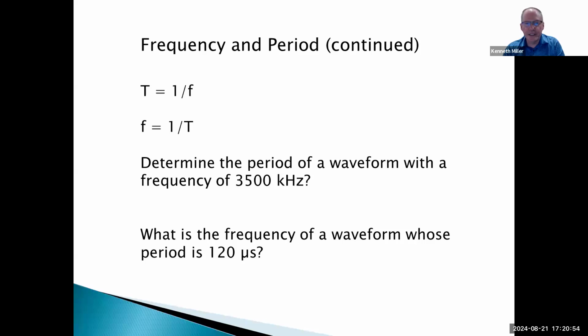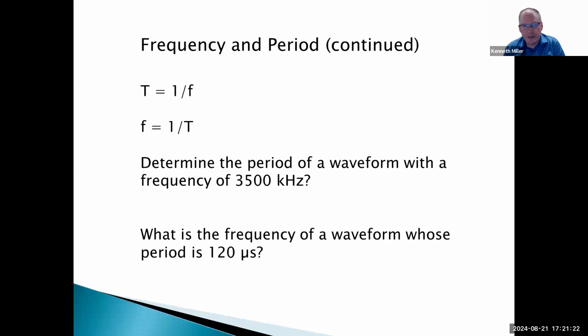So what's the period of 3,500 kilohertz? You would take 1 over 3,500. Let me do that on my calculator. 1 divided by 3,500, and that will be 285 nanoseconds, 10 to the negative 9.